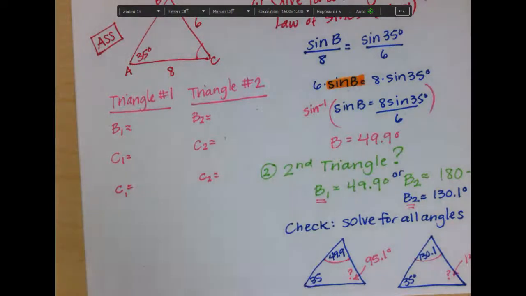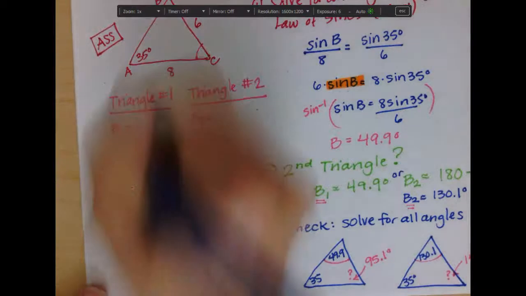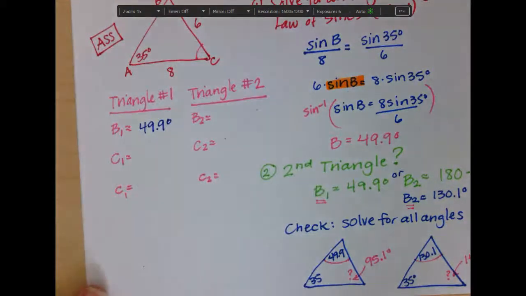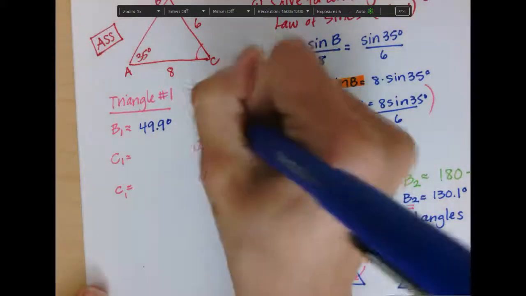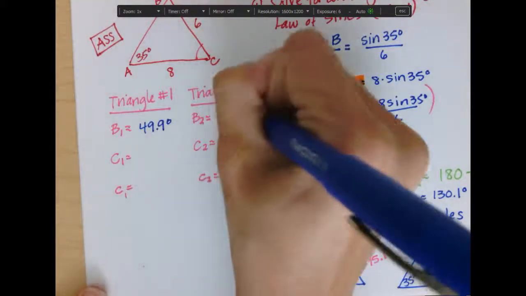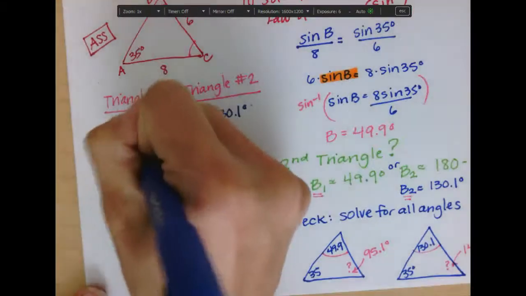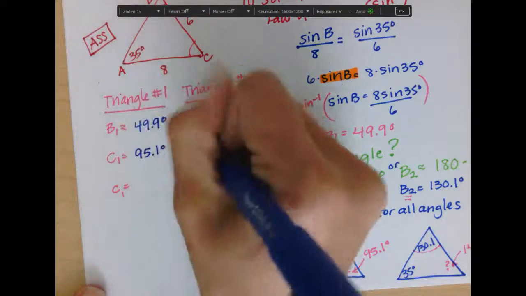So we already have all the angles for the problem. I had a 49.9 degree angle, and its supplementary angle, 180 minus that, is 130.1 degrees. We already solved using the triangle sum theorem for the other angles in each one of those triangles.